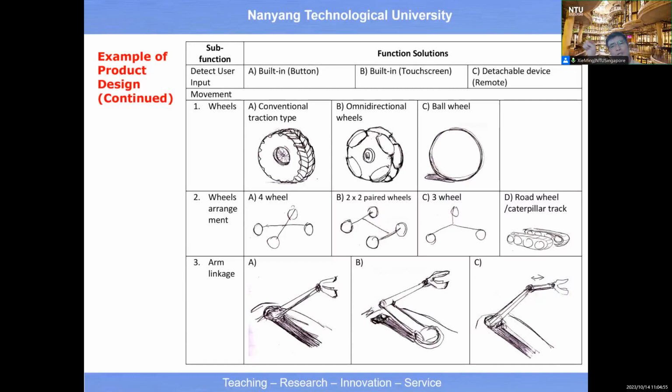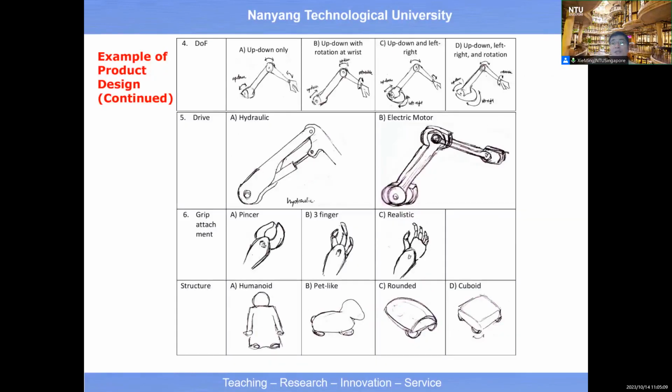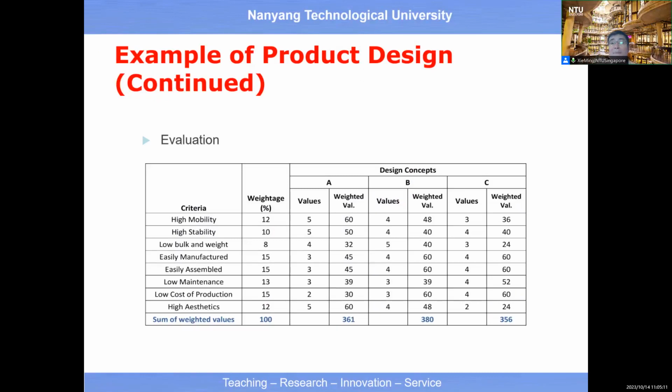Then for each module or subsystem, we can identify the possible solutions for us to choose, and we come out with this matrix or table. With this table or matrix, we can choose different combinations. How to combine all these different options together? Then we come out with the design solutions A, B, C. I just show 3 examples.